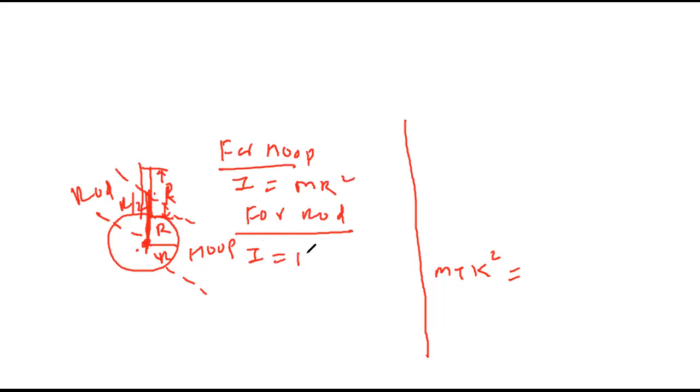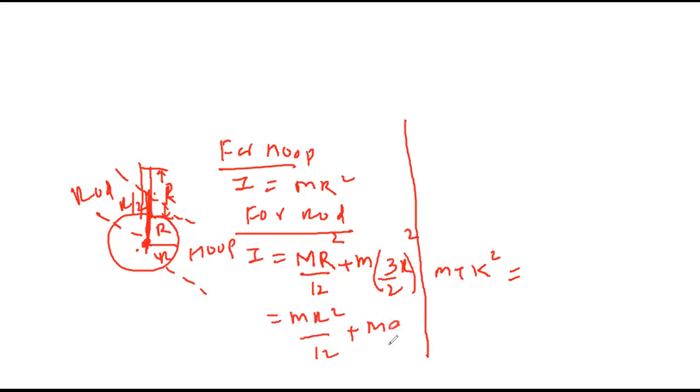So for the rod about the standard axis, it is m into length squared upon 12, length is r, plus m into the distance between the two axes, 3 by 2 r, the whole square. So it is mr square by 12 plus m, 3 square is 9 upon 4 r square. So LCM will be 12: mr square plus 4 3s are 12, 27 mr square. This is 9, 9 into 3, 27.